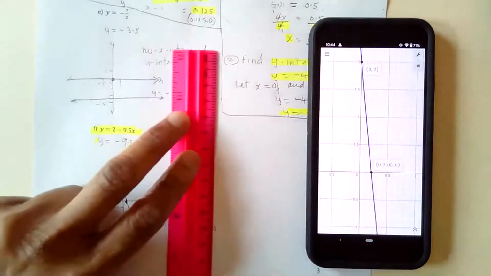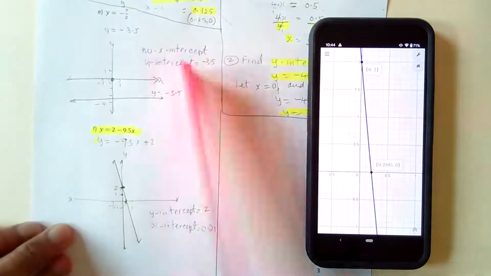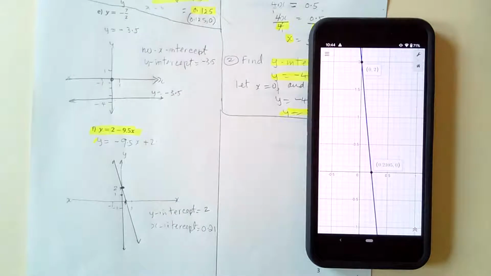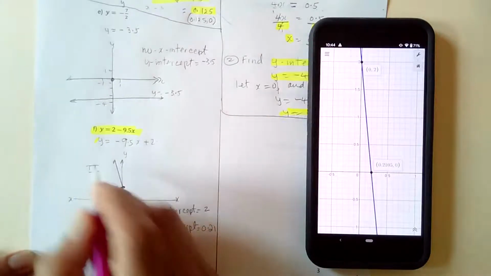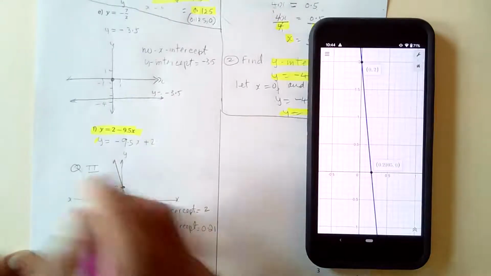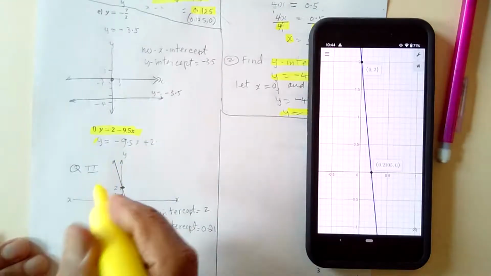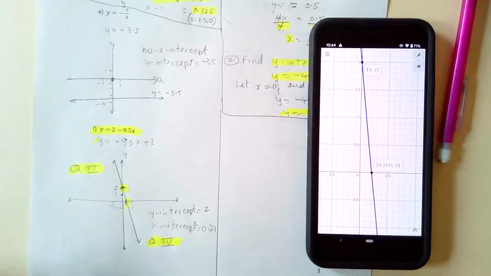Now, I'll just draw a line here because we'll find the x and y-intercept algebraically. Then it's moving from quadrant 2 to quadrant 4.